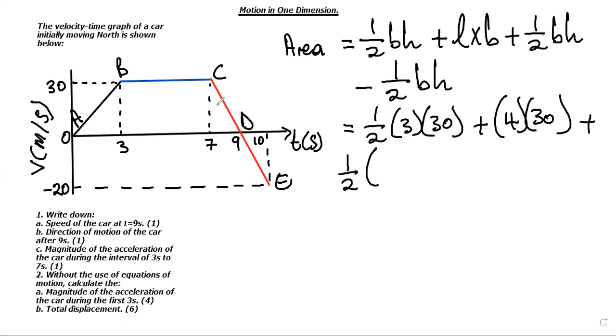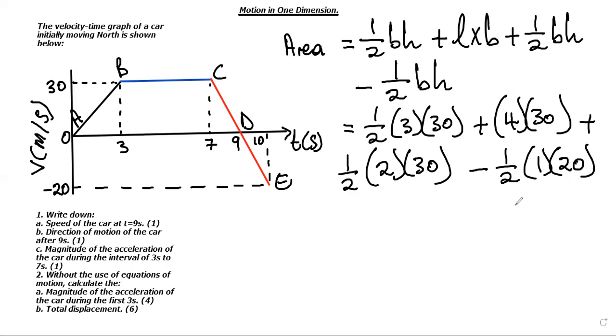The base of this one will just be 2 seconds, and the height will also be 30. And then you say minus the base of this one, it's just going to be 1 second, and the height will be 20. So we don't say negative 20, it's just 20 because the height is a positive number. Very key.